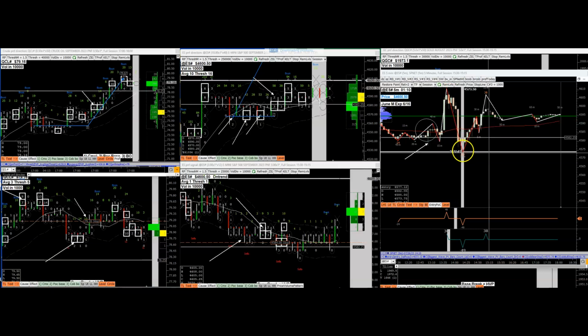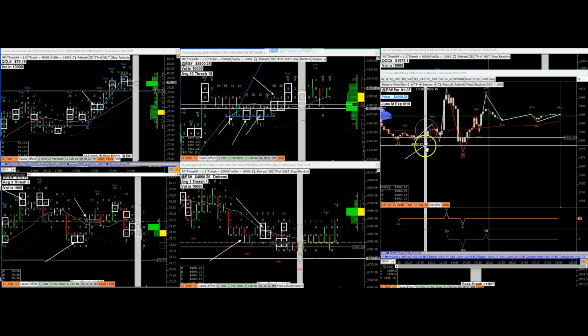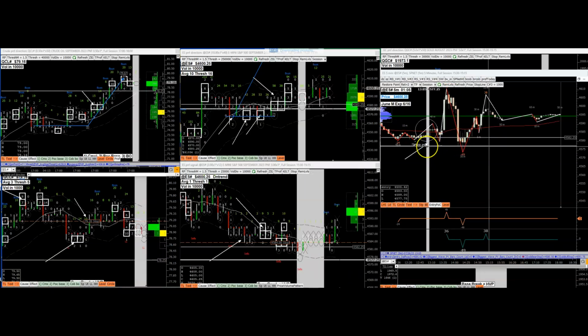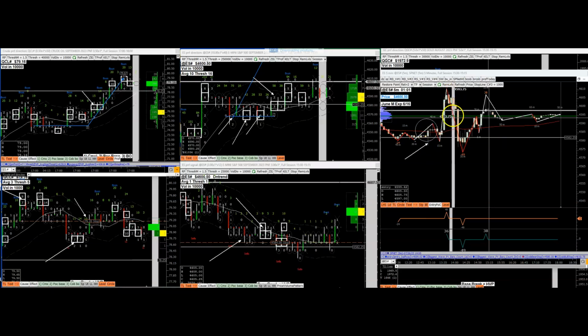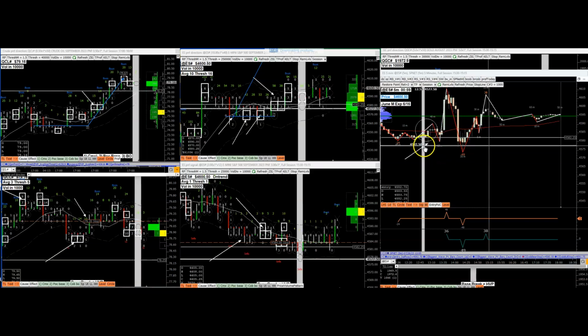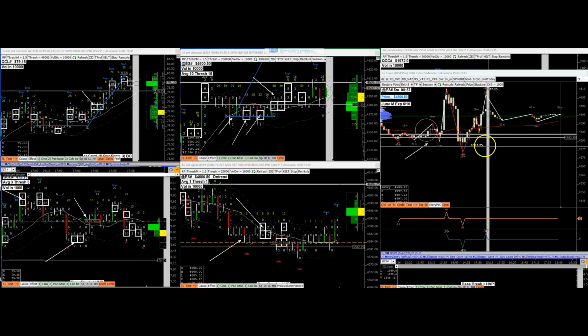But both of them got ripped, because their stops would be below this wick right here, the extreme low. That's what the stop is. So that's what got targeted, below here, and then it went up.